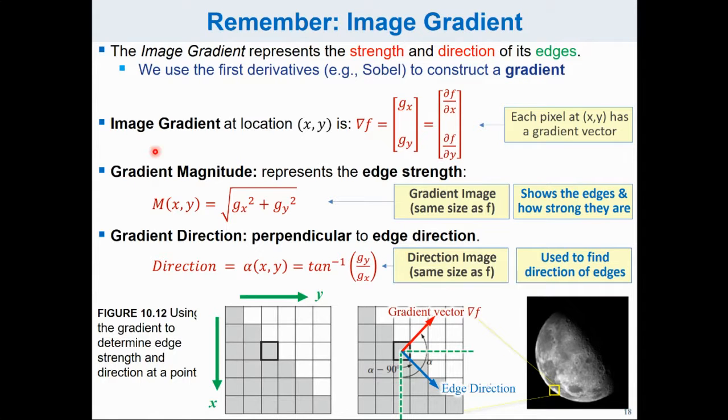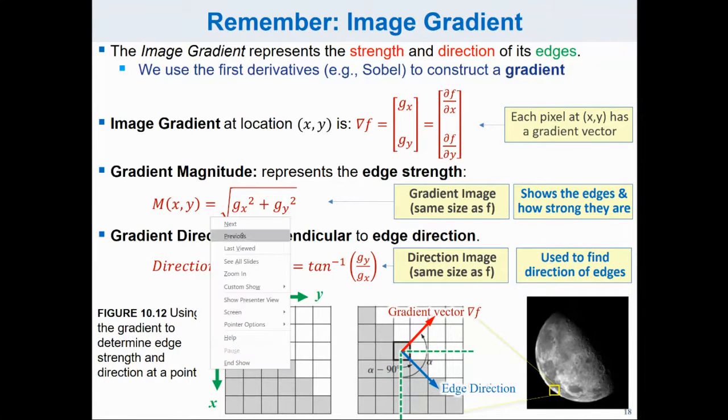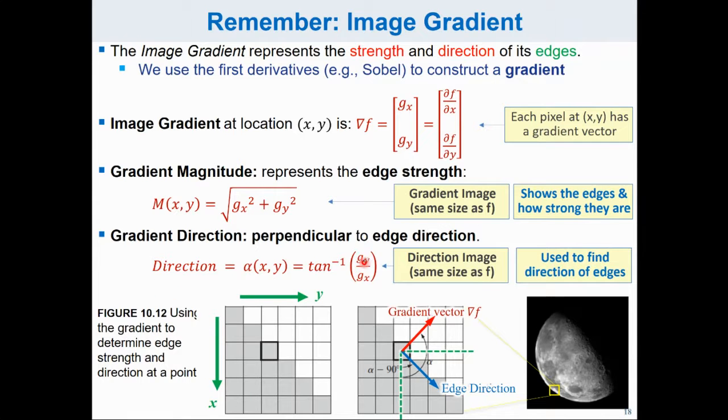We take the gx and the gy, and then we can calculate the magnitude and the direction. The magnitude of the gradient is basically the square root of gx square plus gy square, and the direction is tan minus 1 of gy over gx.